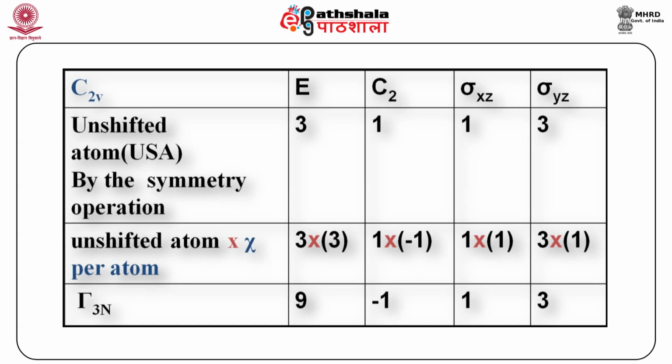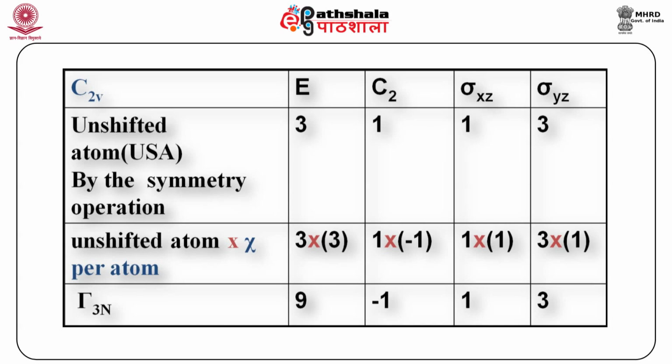Similarly for sigma yz, 3 atoms are unshifted, and these are multiplied with plus 1. The net result is 9, minus 1, 1 and 3. This is represented as tau 3n. Tau is the symbol for reducible representation, in which 3n specifies that 3n vectors have been taken as the basis.